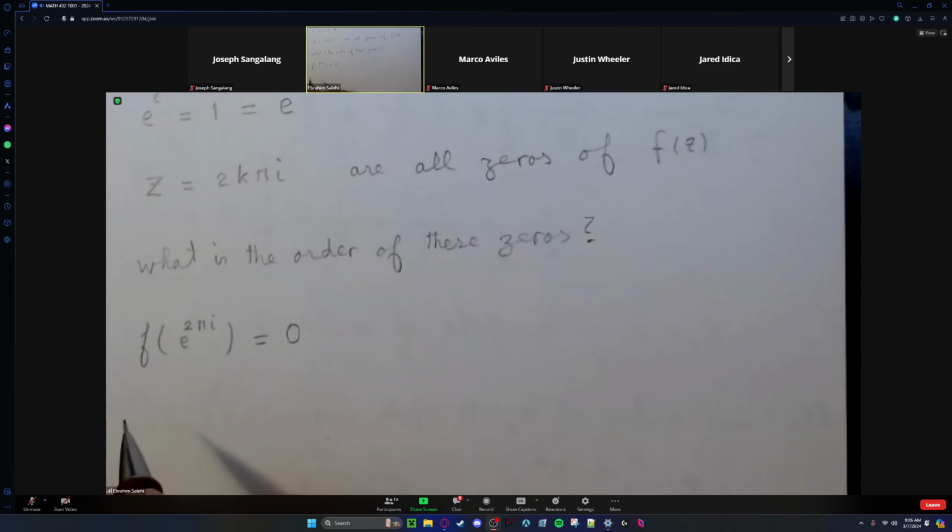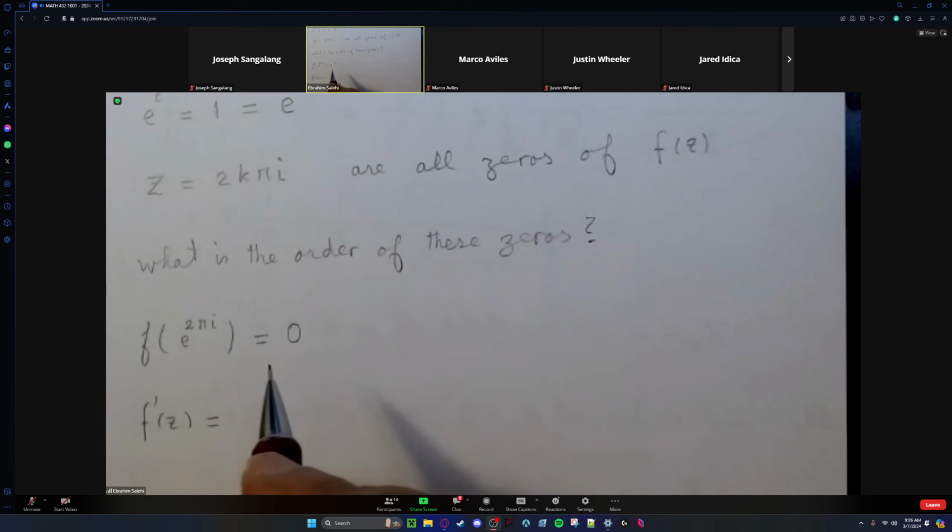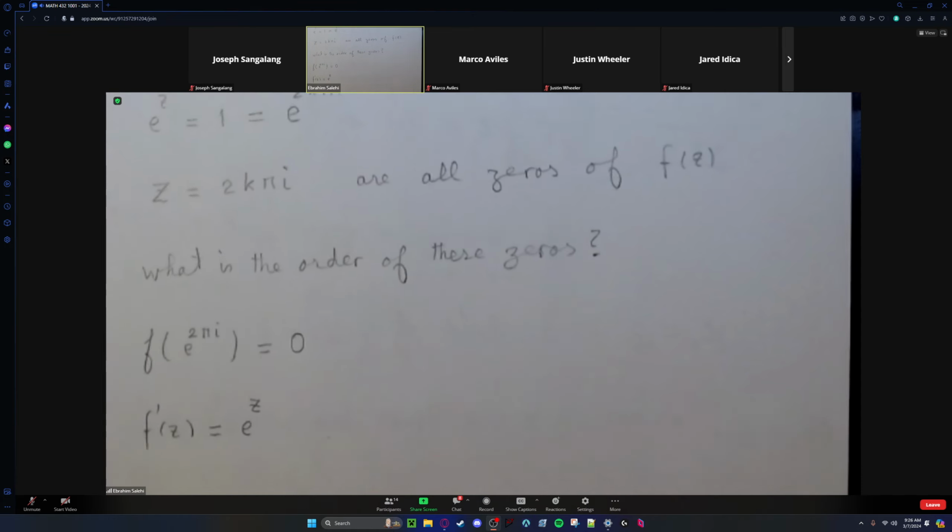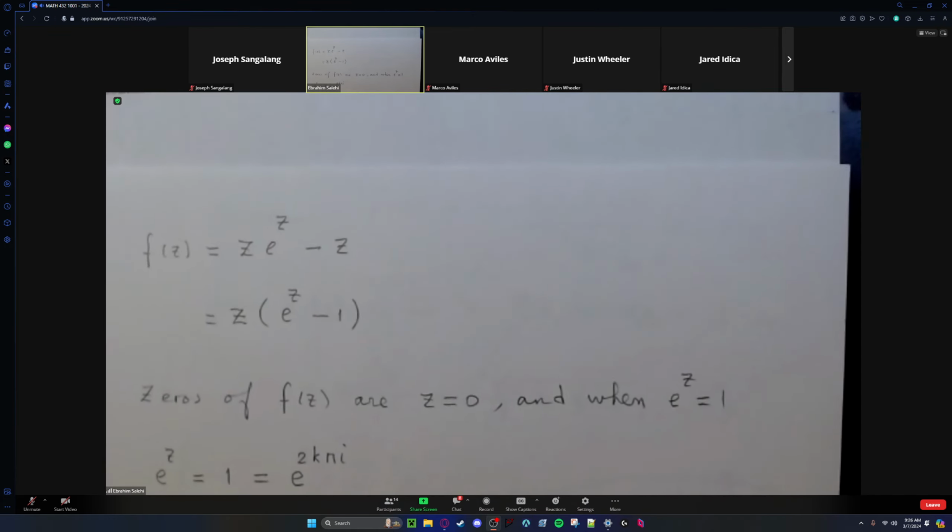Remember the definition of zero of order n. Let's consider the derivative, f prime of z in this case. I'll apply the product rule. So it's e to the z, okay, here is the function.